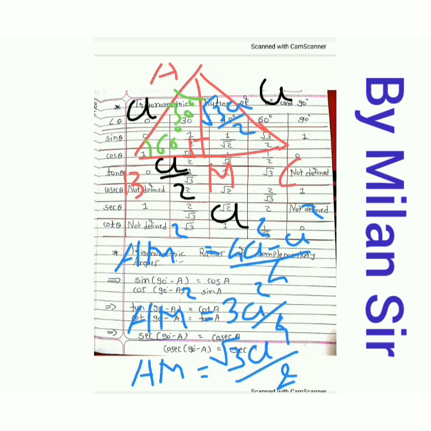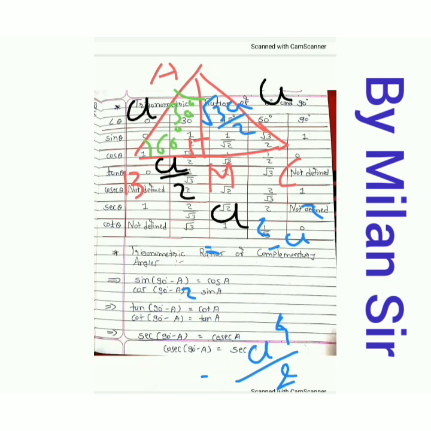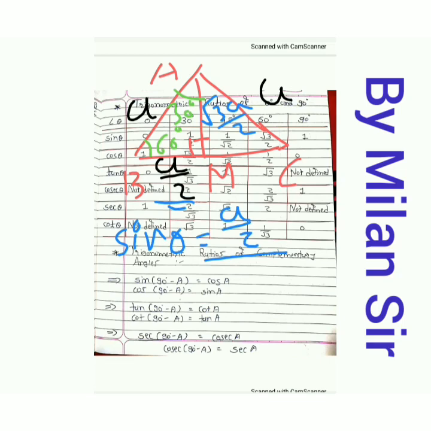Now find sin theta and cos theta. First of all, for angle 30 degree, sin theta is opposite side upon hypotenuse. For 30 degree, the opposite side is BM, which is a by 2, upon hypotenuse. Now the hypotenuse is a.